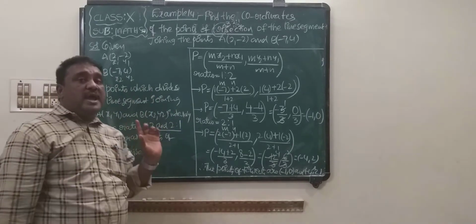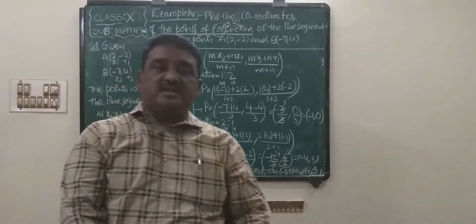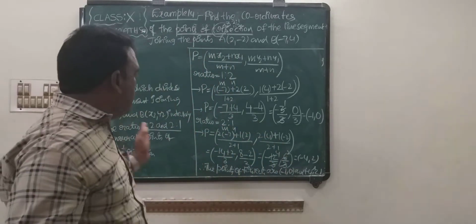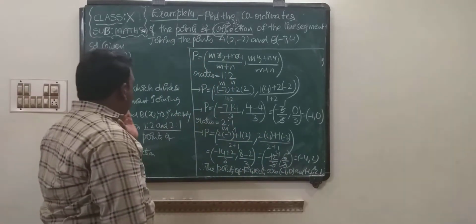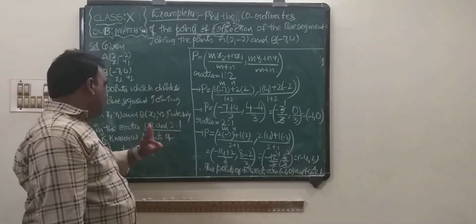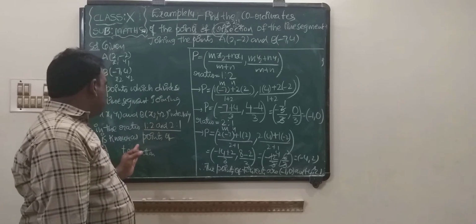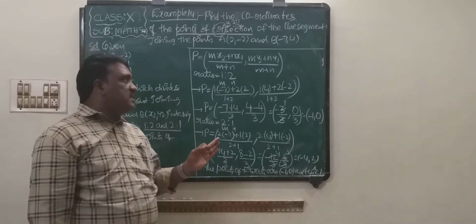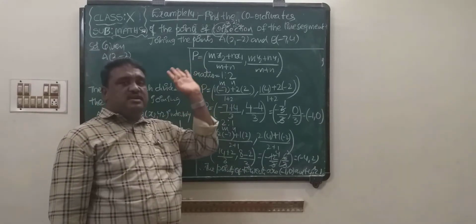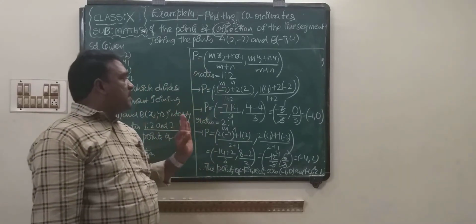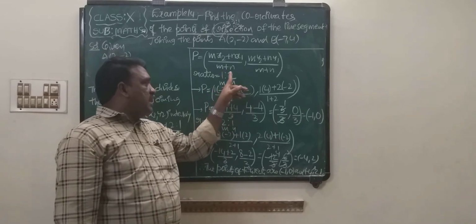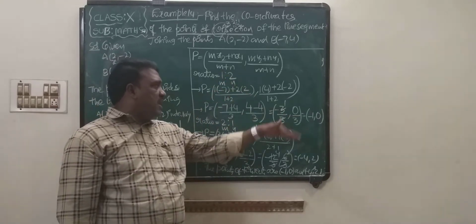Write the definition: the points which divide the line segment joining A(x1, y1) and B(x2, y2) internally in the ratio 1 is to 2 and 2 is to 1 are known as points of trisection. Then write the formula, this is the ratio formula. First do the problem with 1 is to 2: m value 1, n value 2. Then substitute all the values.